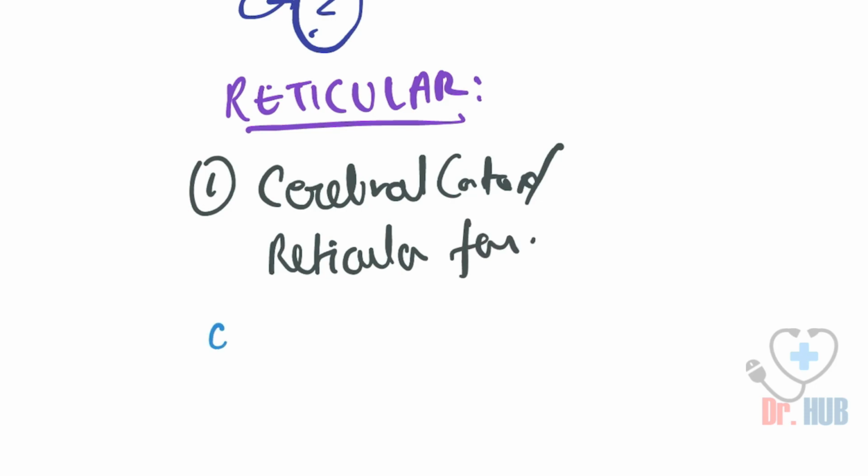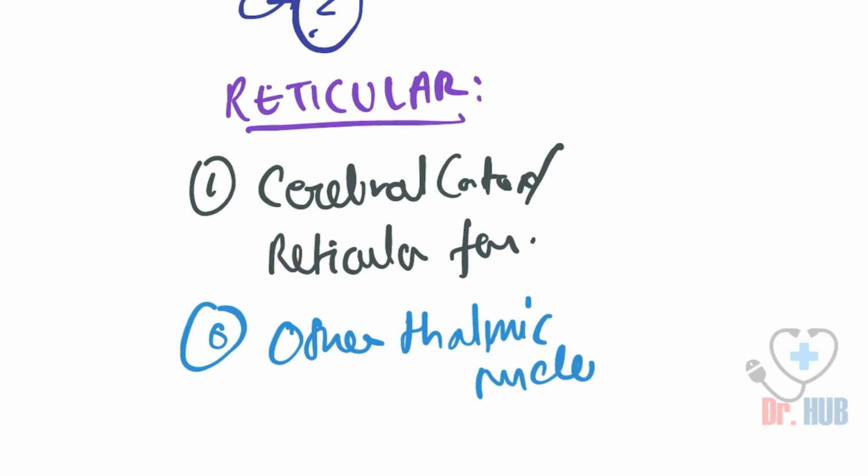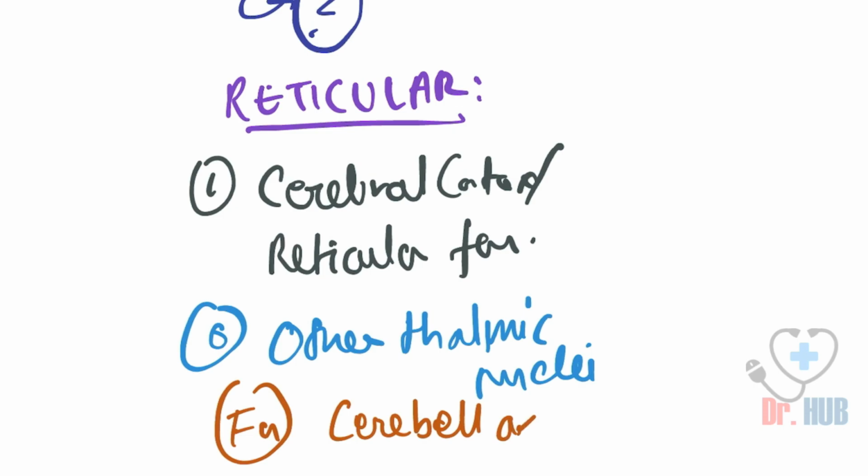The output goes to the other thalamic nuclei. The function of the reticular nucleus is regulating the thalamus.